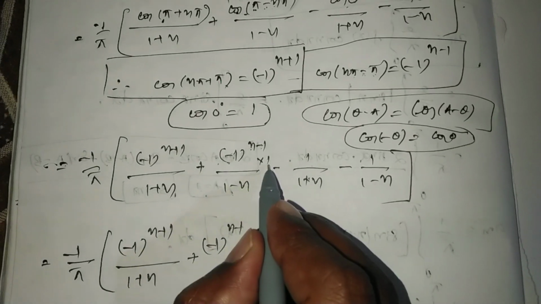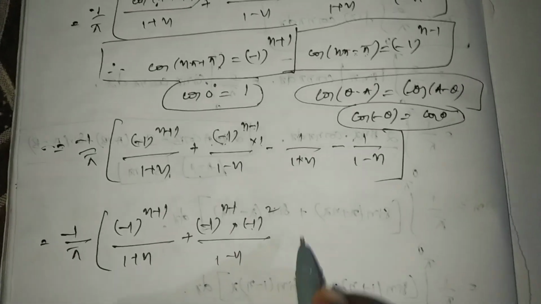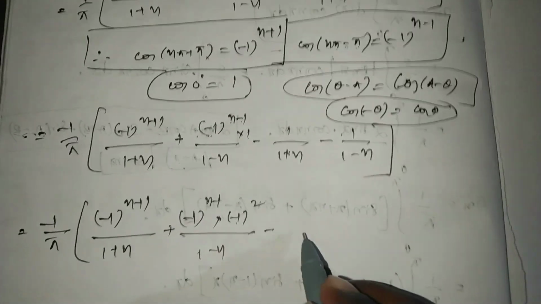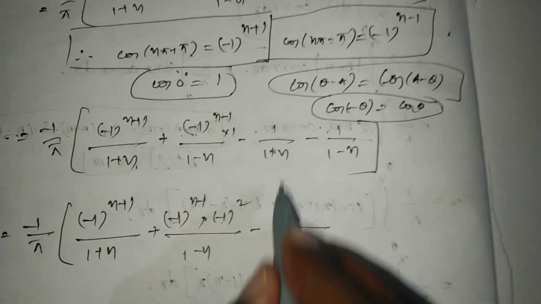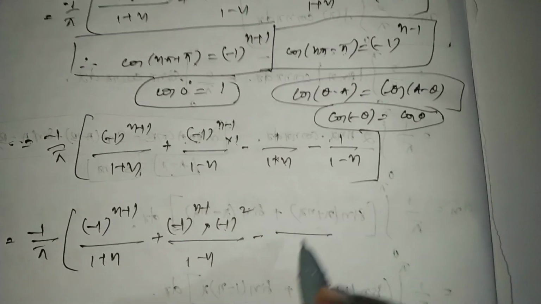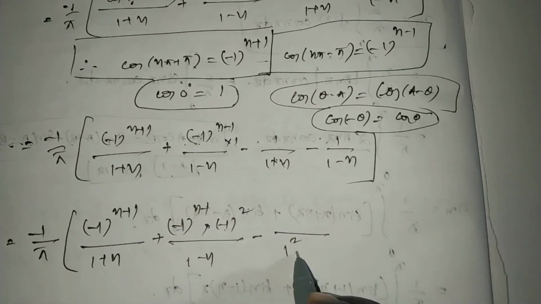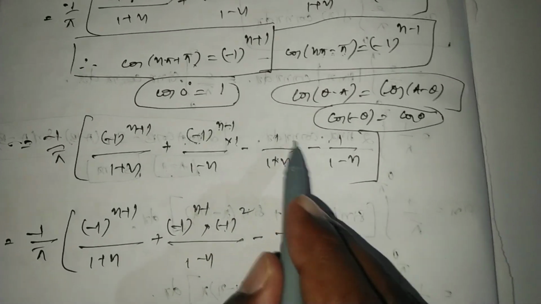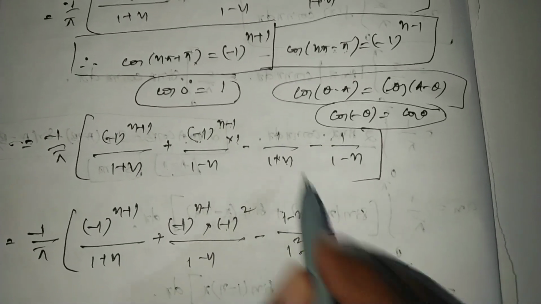Negative 1 square is 1. 1 into this thing is the same, whole upon (1 minus n) minus, here taking the LCM. LCM is (n plus 1) into (n minus 1). This is n square, so (a plus b) into (a minus b) is a square minus b square. Cross multiplication: 1 minus n minus this one.